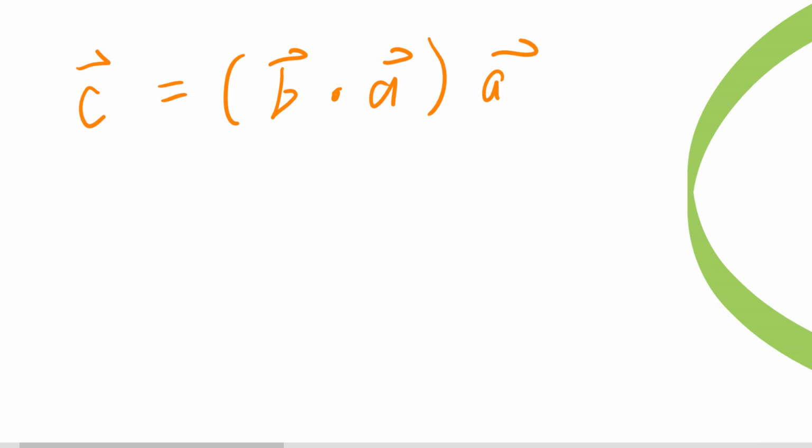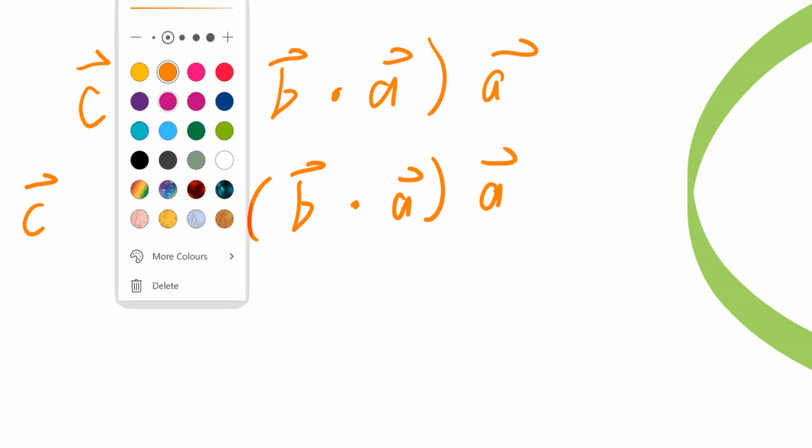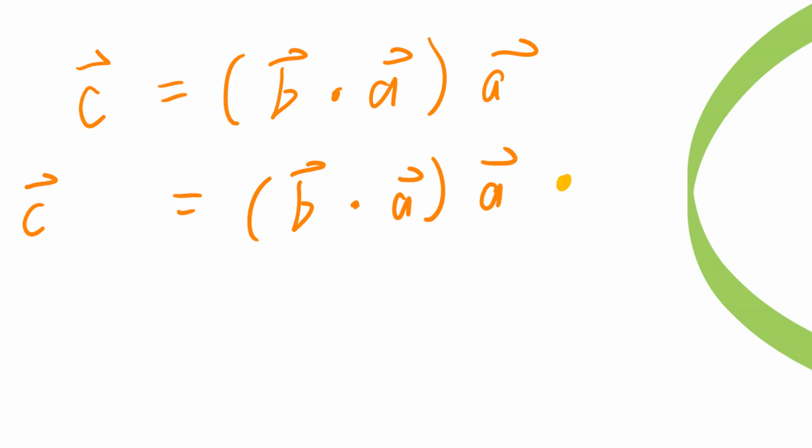Step number 2. What I'm going to do is look at both sides and do the following. I'm going to copy the left, copy the right, and take the dot product of each side with respect to A. Now, there are two ideas I want to think about, why and how.